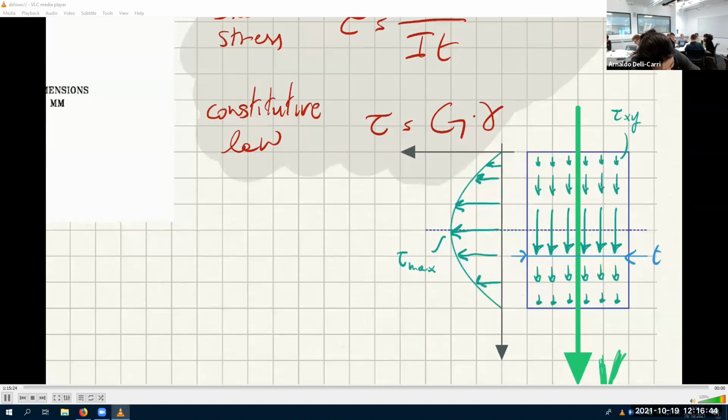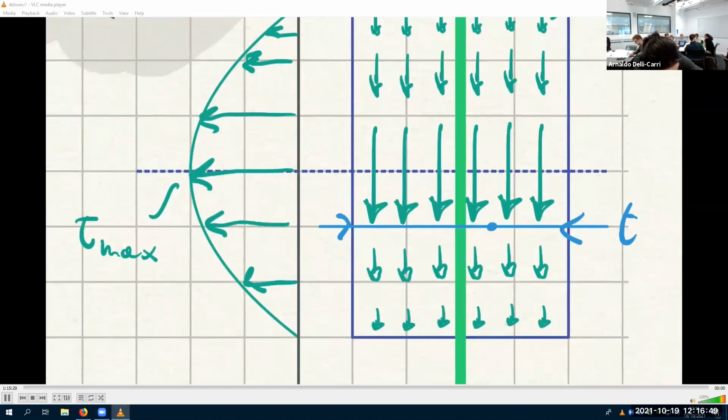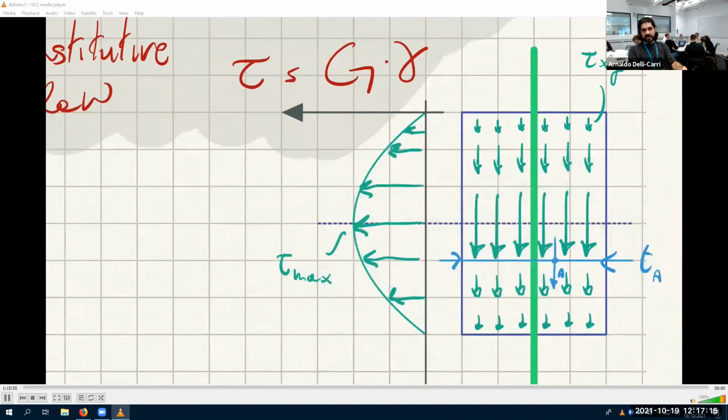This is t. Let's say I'm interested in finding what is the arrow here at point A. The arrow associated with point A is not the largest, but is one of the largest. See, it's this one here. It's in that direction, and the thickness associated is t of A. So it's the thickness of the section where the point of interest is, which in this case for a rectangular section is all the same, it's just t constant, but for some sections it might not be the same.